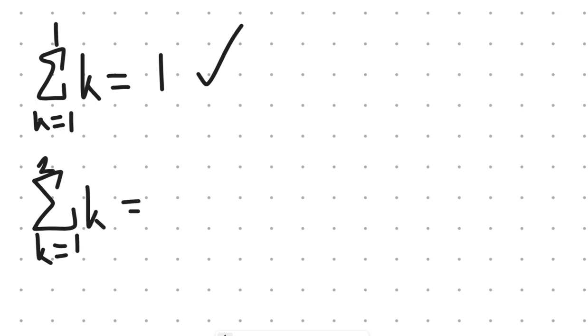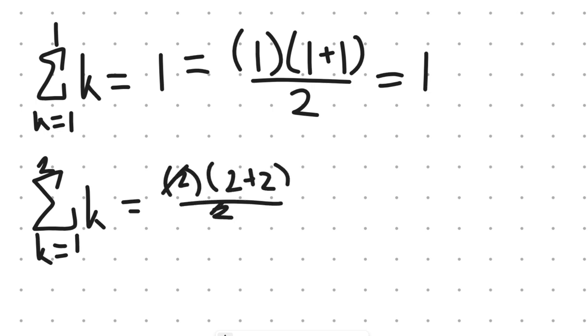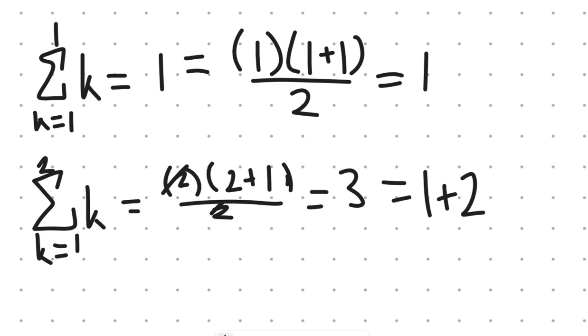Well, we have to plug in the 1 over here, so it should be 1 times 1 plus 1 divided by 2, so it's 1. This should be 2 times 2 plus 1 divided by 2, so it should be 3, and that's the same thing as adding 1 plus 2 together.